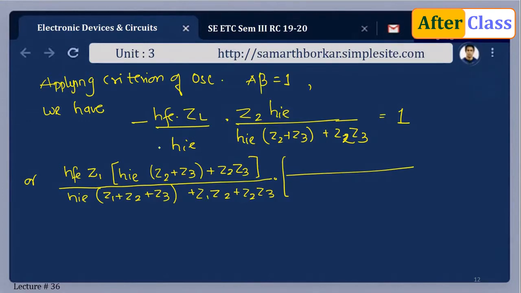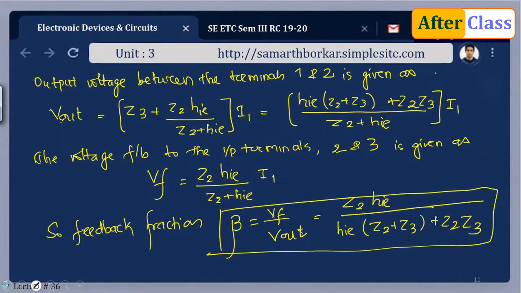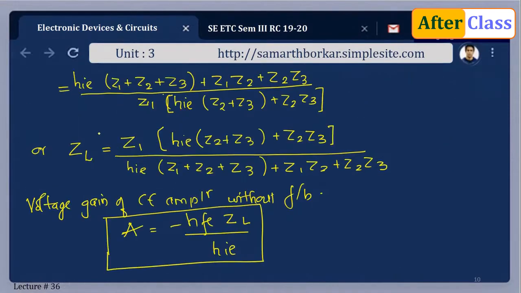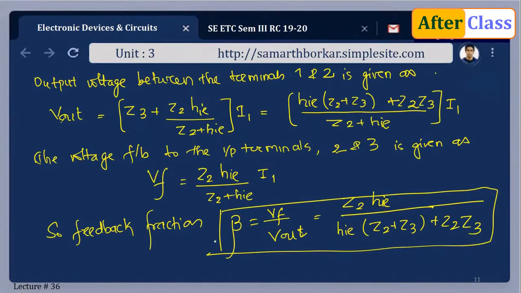Fine. ZL was the impedance across the terminals 1 and 2. So our entire exercise was first to calculate the value of ZL.